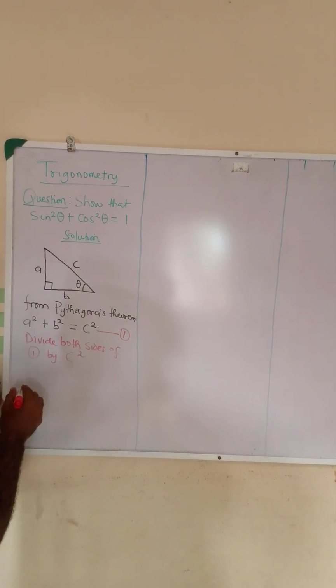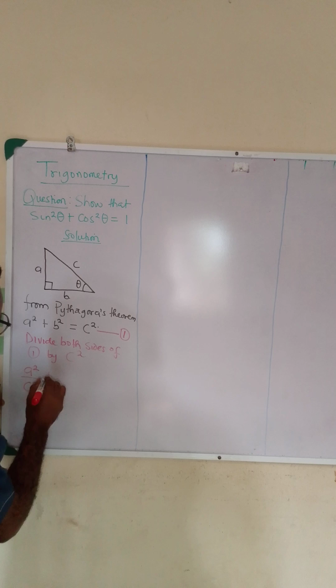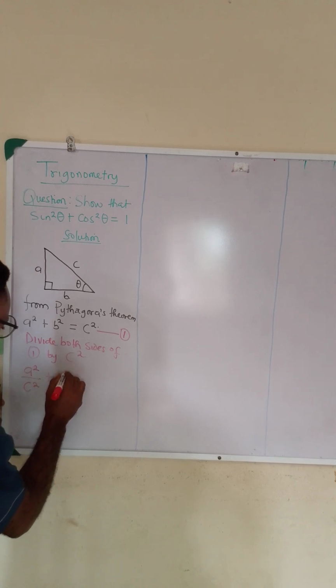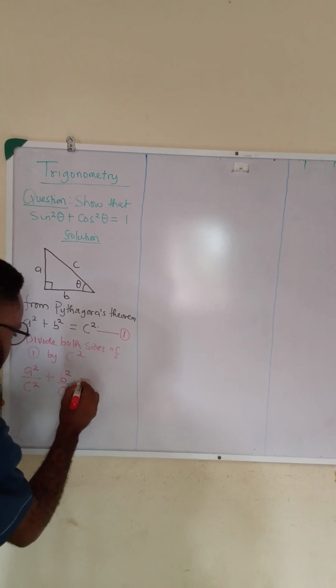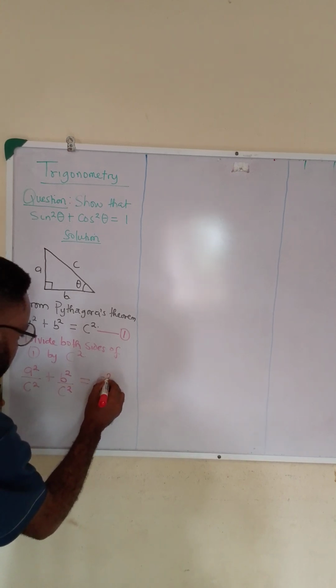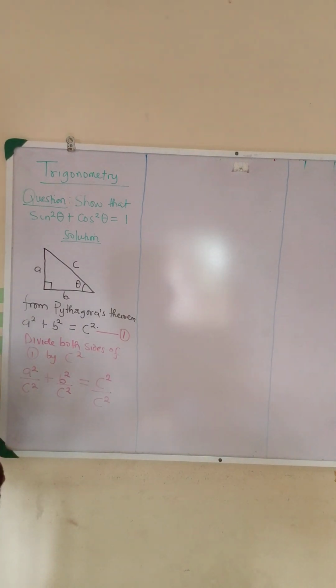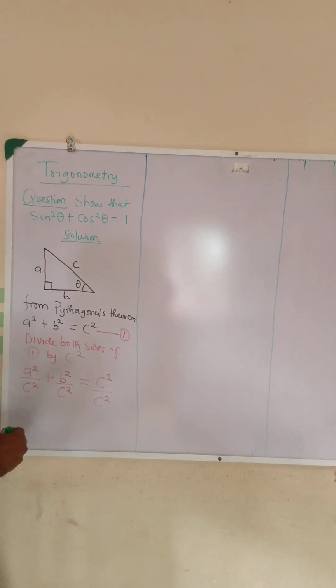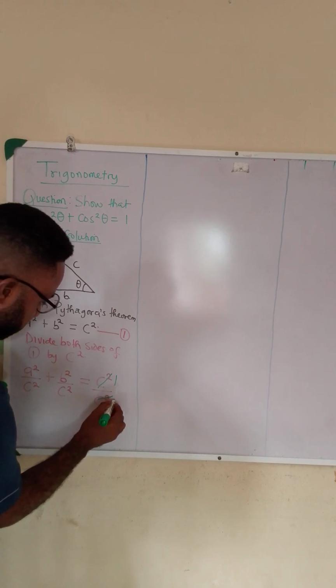When we do that, we are going to have A square divided by C square plus B square divided by C square, equal to C square divided by C square. Since we've done that, we can cancel out the C squares because they are the same, so that will give us 1 over 1.